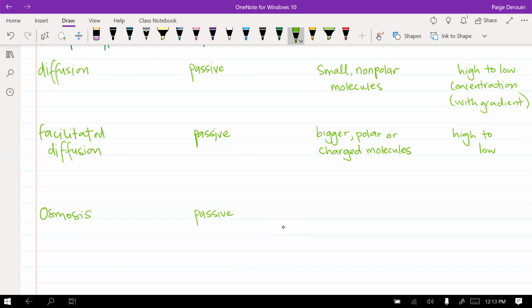Okay, guys, in osmosis, only one thing can move. What is it? Water, right? Osmosis is the diffusion of water. So water only. And in osmosis, it's passive, so it's moving from high to low.